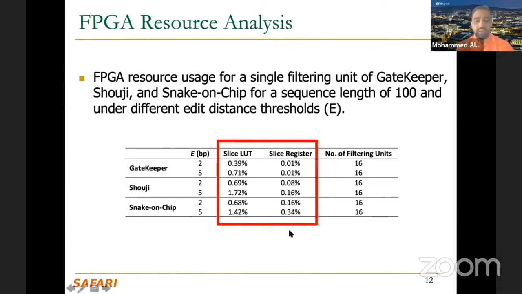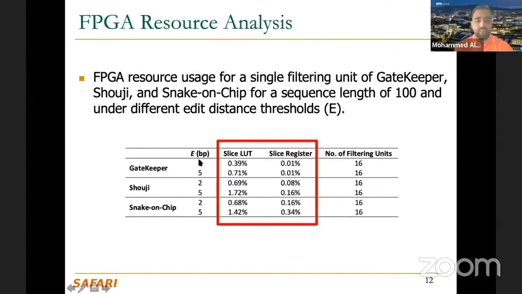And since it's very lightweight with very low resource footprint, then you can use a large number of replications. So instead of solving a single problem, you can have 50 problems, for example, or 100 problems if the utilization is less than 1%.